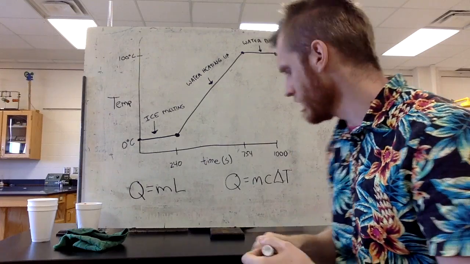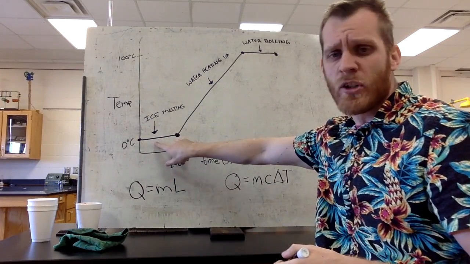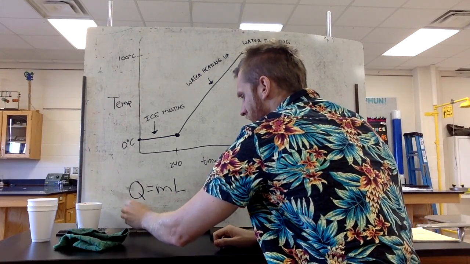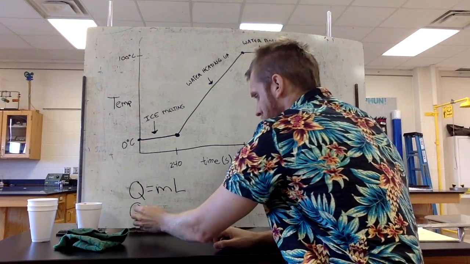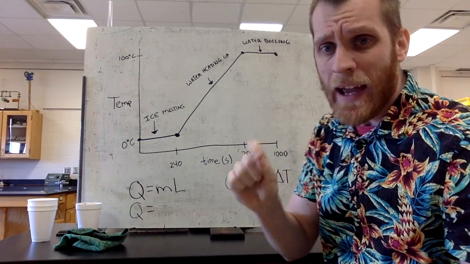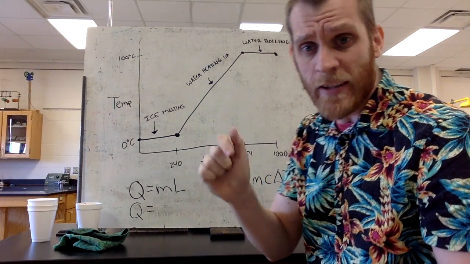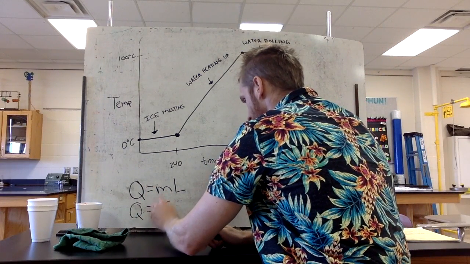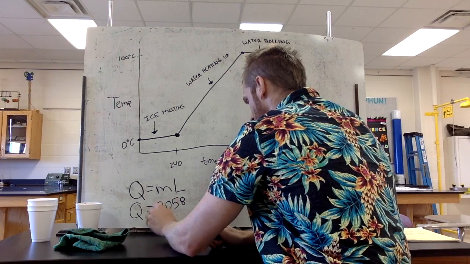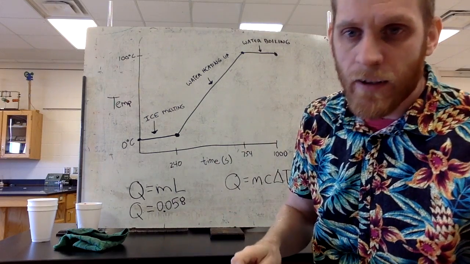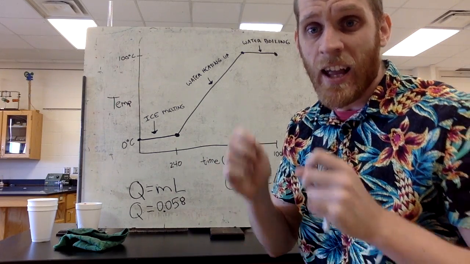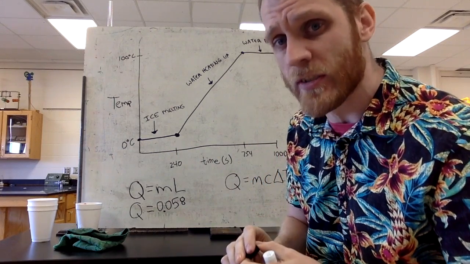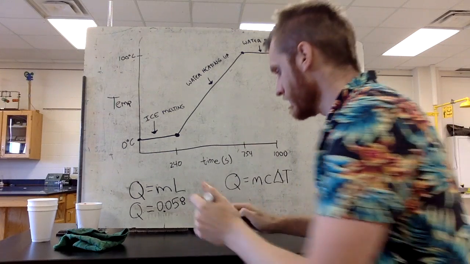So let's do that real quick. Let's find out how much heat it took to melt that ice. Well, let's plug in the numbers. So Q is the amount of heat energy in joules, equals mass. Now the mass was 58 grams. We have to convert that to kilograms, so that's 0.058 kilograms. Now the latent heat for ice is 334,000 joules of energy per kilogram of ice.